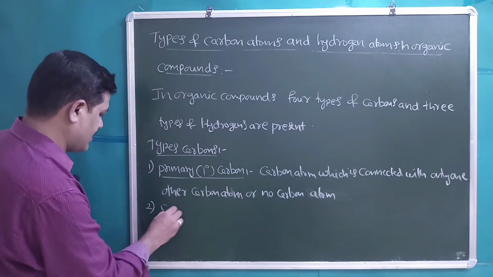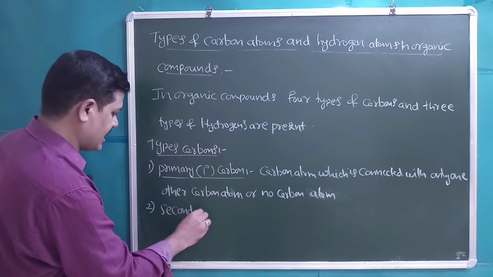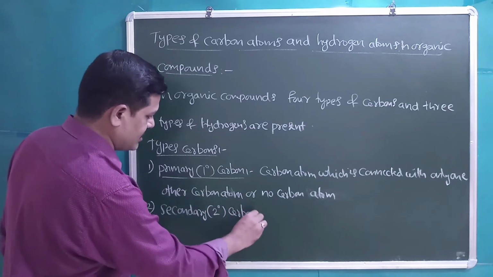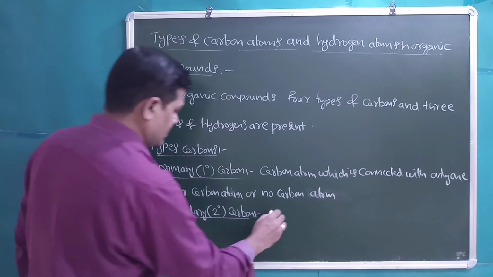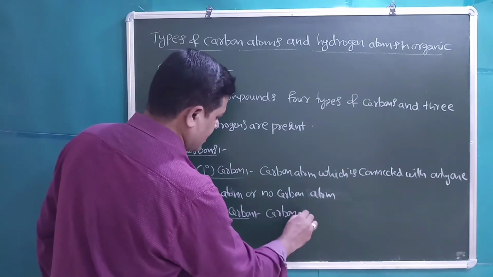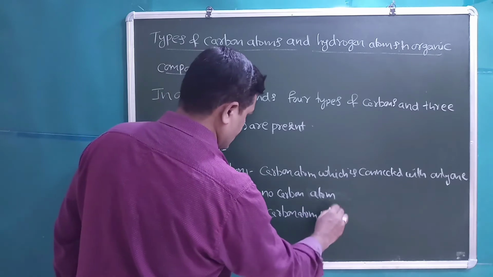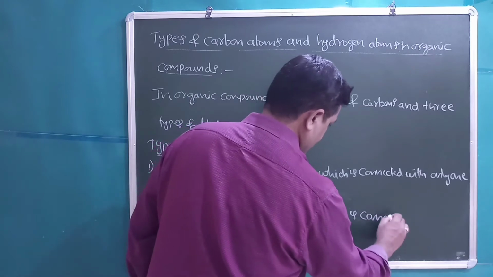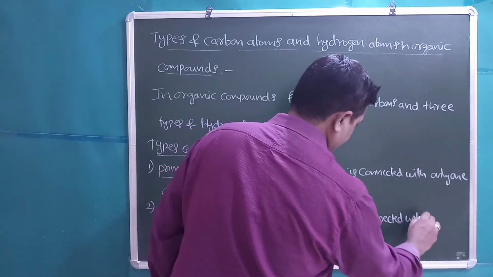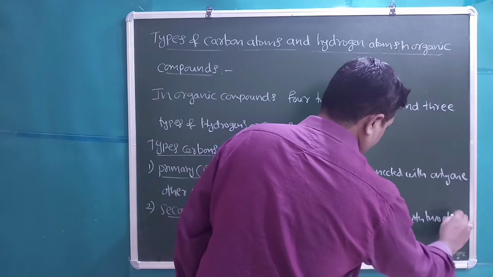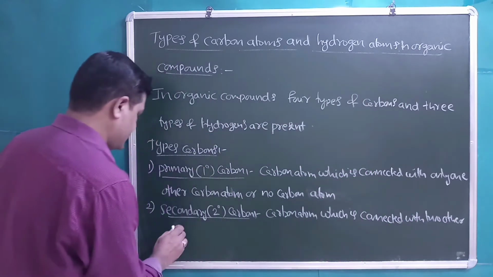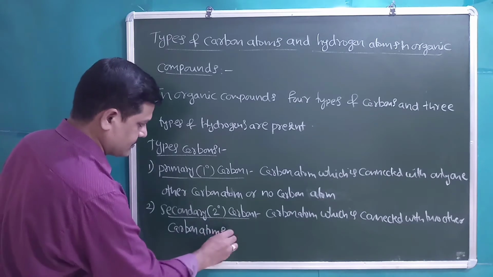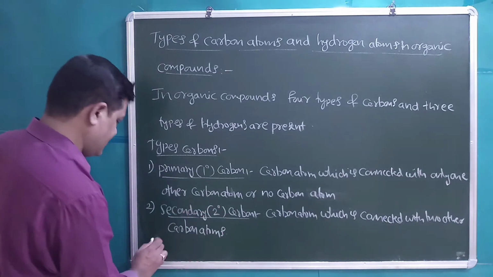Second type of carbon atom is secondary, indicated with 2 degree carbon. A carbon atom which is connected with 2 other carbon atoms is a secondary carbon in the organic compounds.